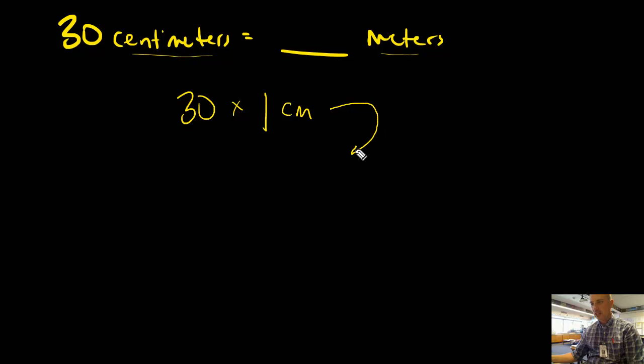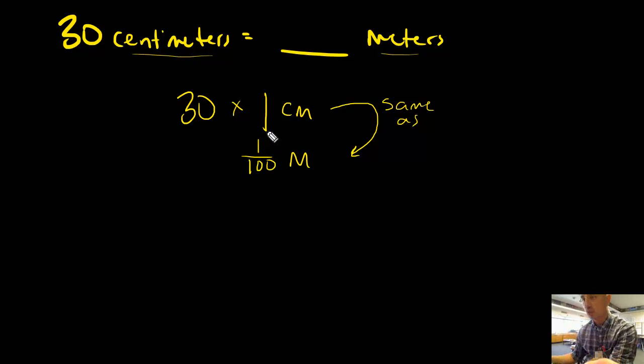What fraction of a meter is 1 centimeter? I need to think about how many centimeters are in 1 meter. There's 100, so 1 centimeter is the same as 1/100th of a meter.